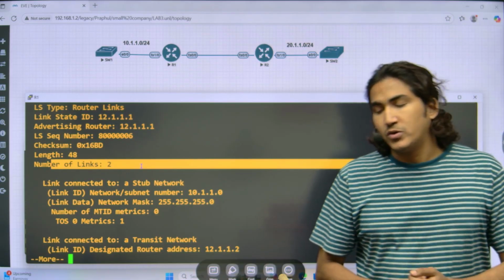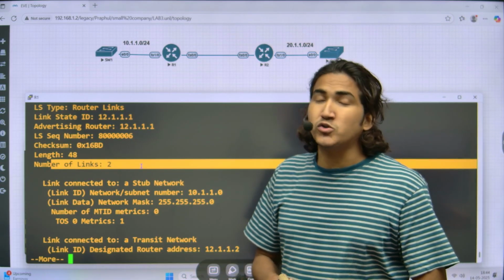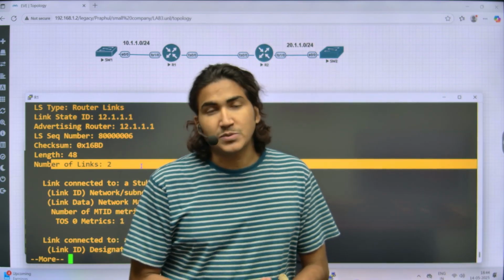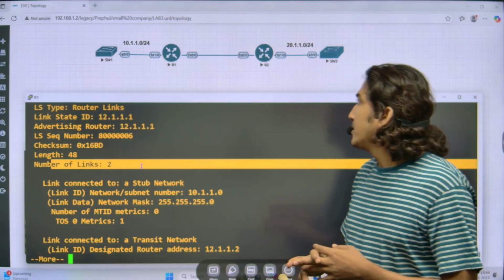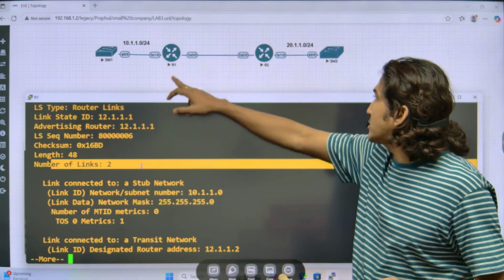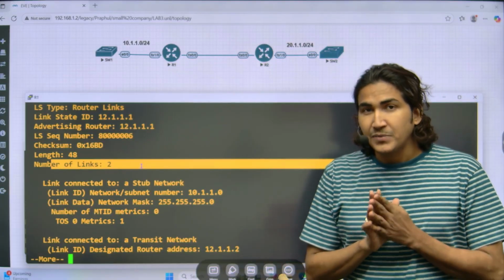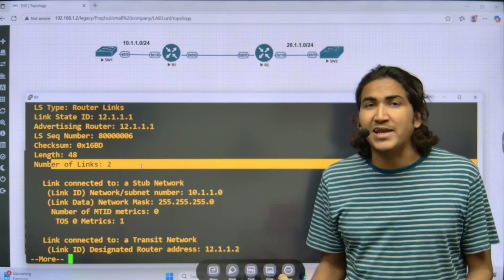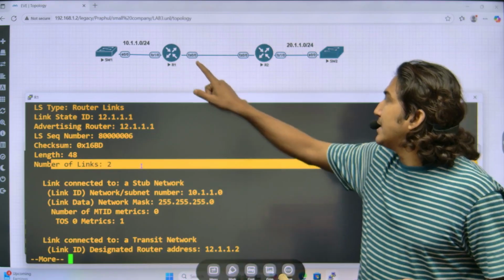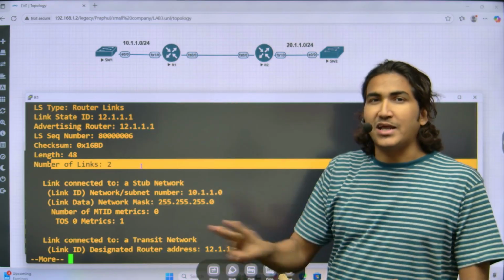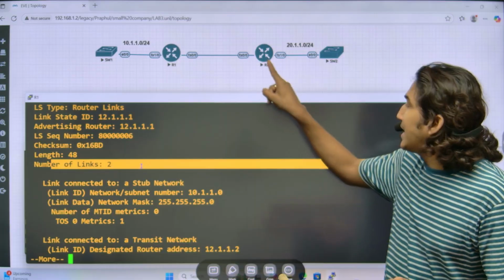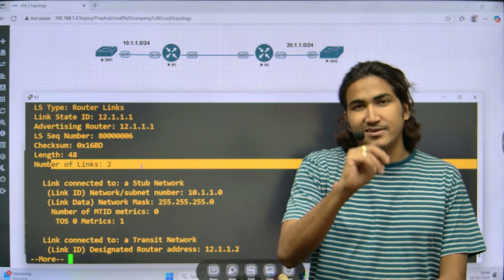You know, the OSPF database should be identical. OSPF is a link state routing protocol, right? So the OSPF database of router 1 and router 2 should be similar. The database looks fine, similar, but in the router LSA of router 1 there are only 2 links, and in the router LSA of router 2 there are 3 links, right?